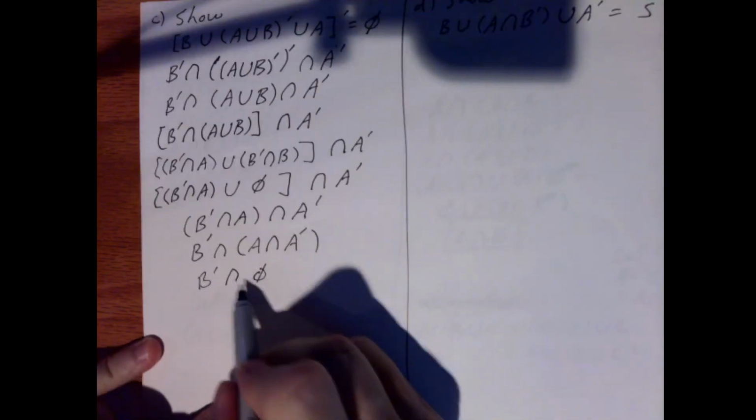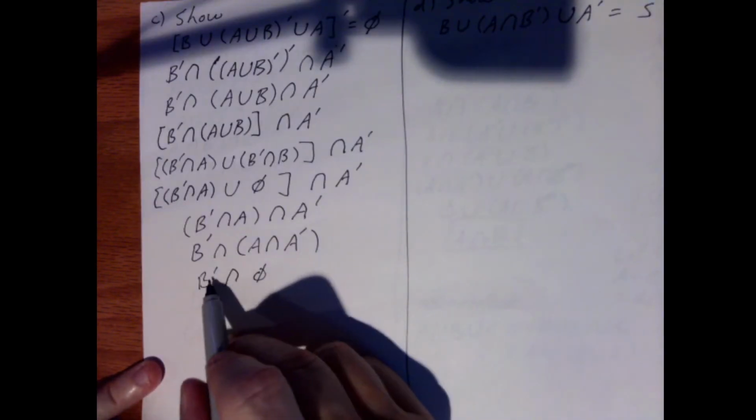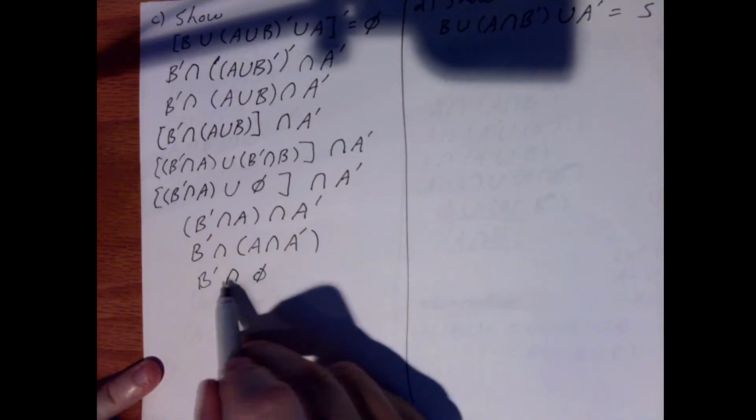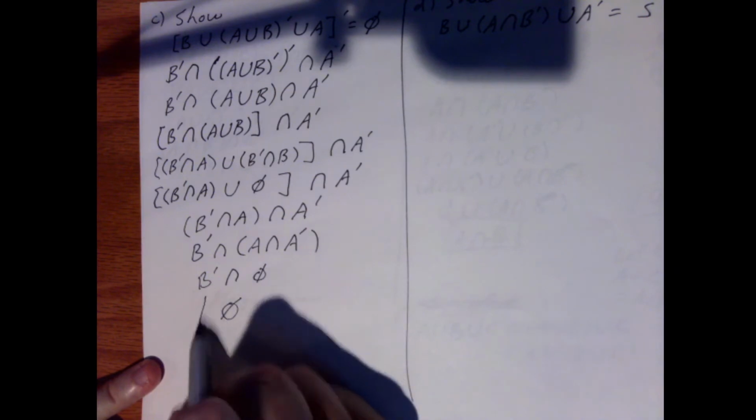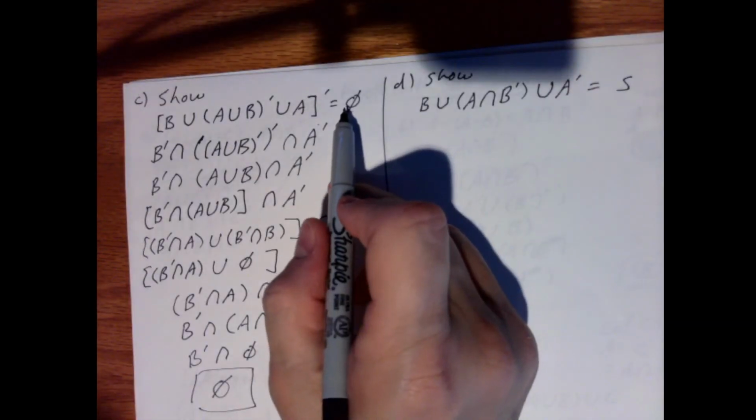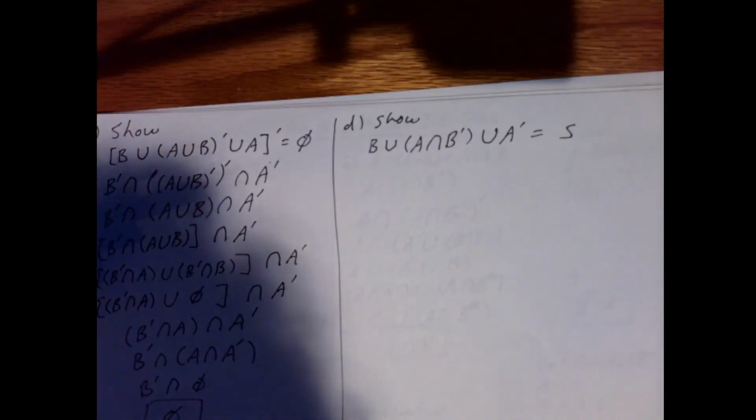And now the intersection of the empty set with the complement of B is they don't have any overlap. They can't because this is the empty set. So they share no members. So it ultimately reduces to this. And that's what we were trying to get right here. So we did that. Let's look at one last one.